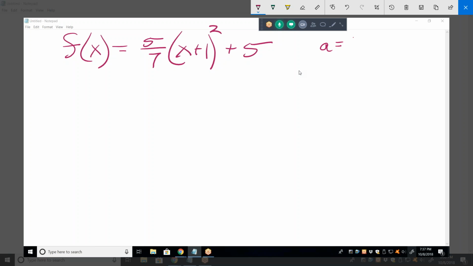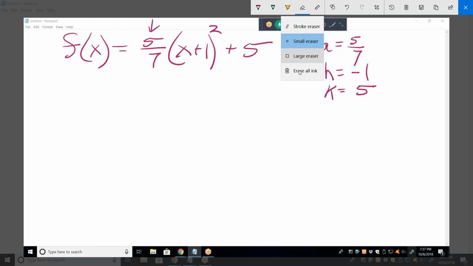No, A is 5/7. Okay. That's A right there. H, the x coordinate of the vertex, is -1, correct? And K, the y coordinate of the vertex, is? +5.